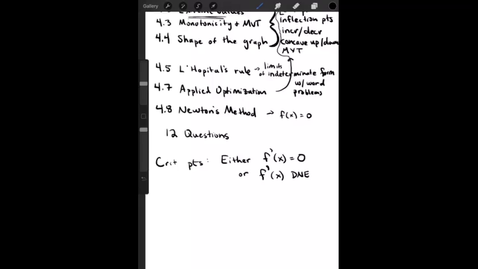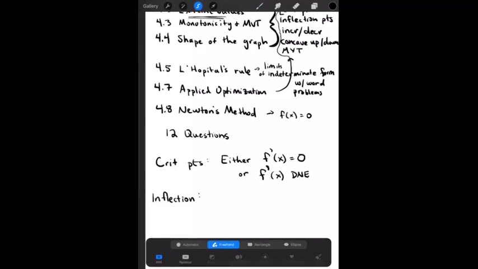And that's generally going to mean that there's a fraction and the denominator is 0. So inflection points are this same idea, so I'm going to emphasize it by copying it down.